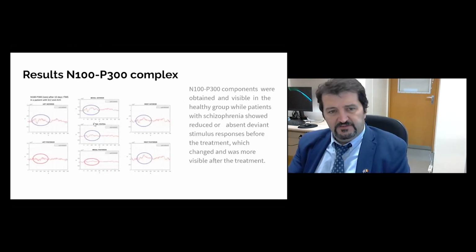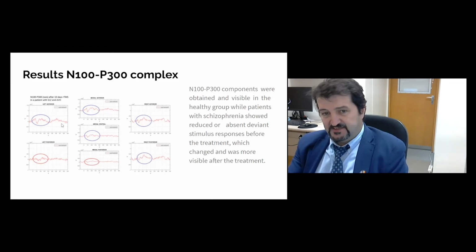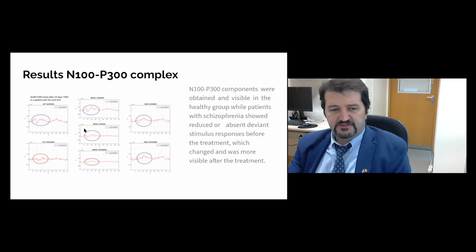But then we have the N100 P300 complex results. In schizophrenia, we didn't get these responses, and this was after 10 days of TMS. Only one patient is shown here, and this is interesting, and it's difficult to assess with these protocols.